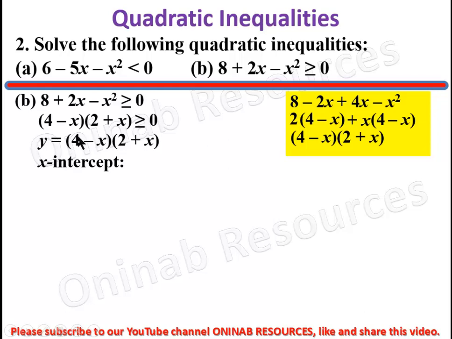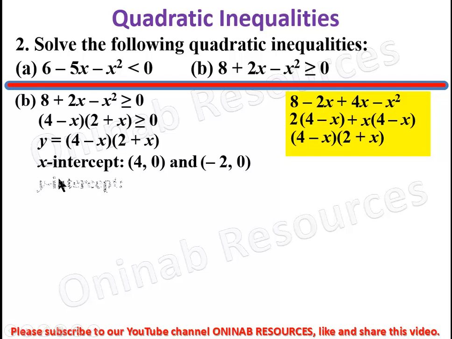With that, x is equal to 4. Here we have the first point, (4, 0). Then 2 plus x equal to 0 means x is negative 2. So we have the second point to be (negative 2, 0).